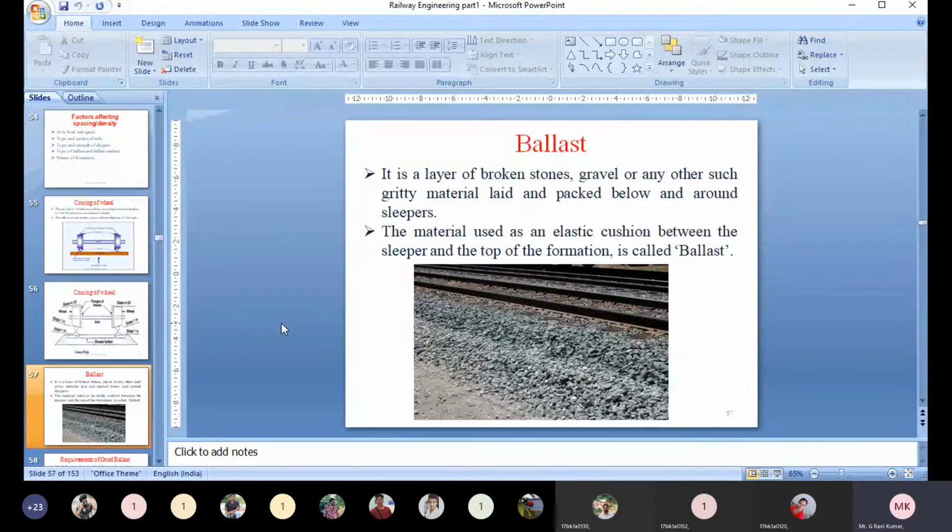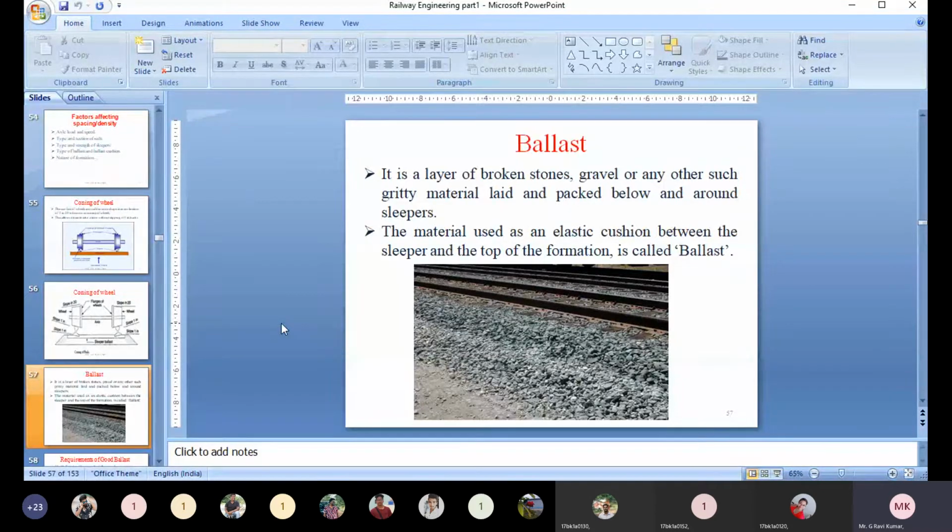It means the ballast within a railway track can provide some quantity of elastic cushion between the sleeper and the bottom of the formation. Bottom of the formation means earth, the earth which is under the railway track, you may also call it an embankment. Understand? So the ballast provides some elastic cushion between sleeper and formation.